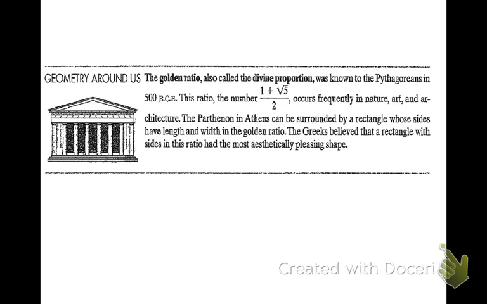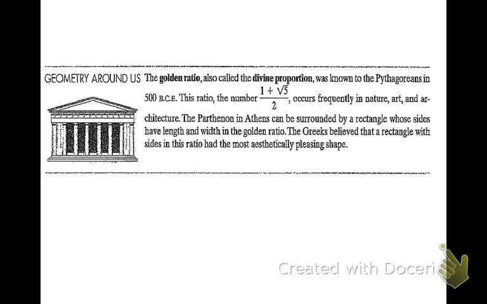Okay, this ratio is pleasing to the eye. That's why they used it. The Parthenon in Athens can be surrounded by a rectangle whose sides have length and width in the golden ratio. The Greeks believed that a rectangle with the sides in this ratio had the most aesthetically pleasing shape.